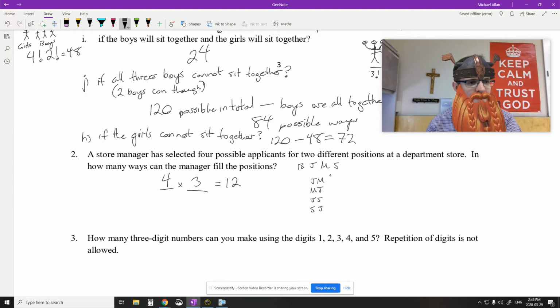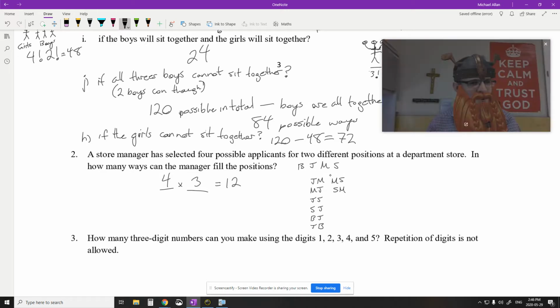Oh yeah, John and Bob, Bob and John. Okay, it's 1, 2, 3, 4, 5, 6. This seems pretty good, but John's in all of these, so we're missing a few other ones. We've got M and S, S and M. Okay, and then what else do we have here? So it should only be 12, right?